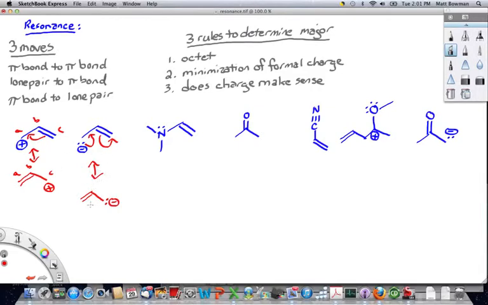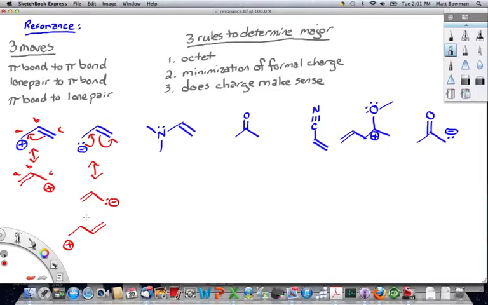Now, just because you have a positive charge or a negative carbon does not mean you'll have resonance. For example, we have this molecule. We have a carbocation here. We have a pi bond. We can't move this pi bond to this carbocation because you need to have the pi bond connected to the carbon attached to your carbocation.